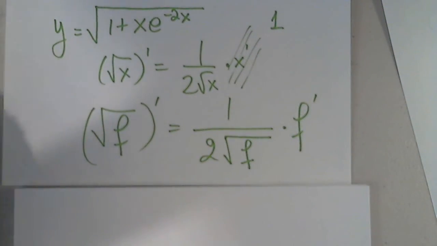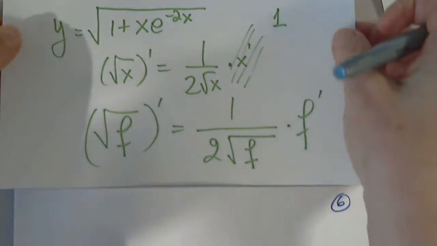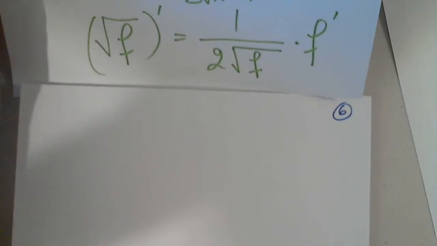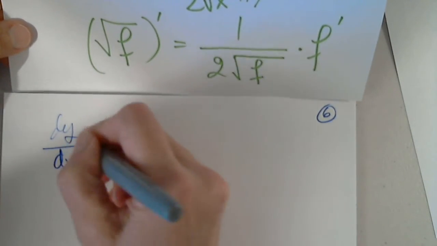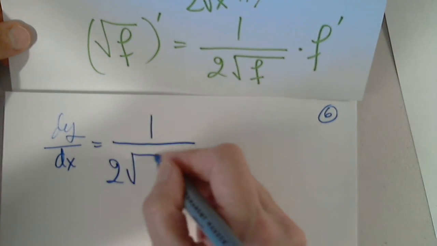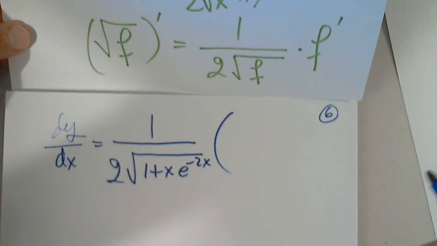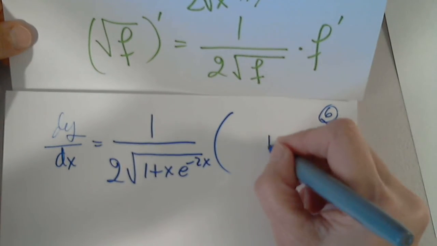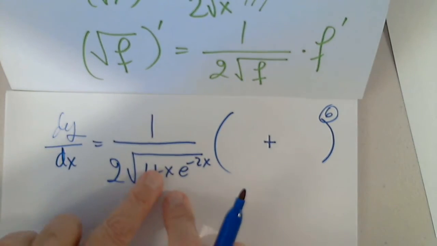So, this is 9.6. So we have dy over dx equals 1 over 2 the square root of 1 plus x e to negative 2x. And now I open parentheses, and I know I'm going to have a sum, because 1 prime is 0, but this is a product.